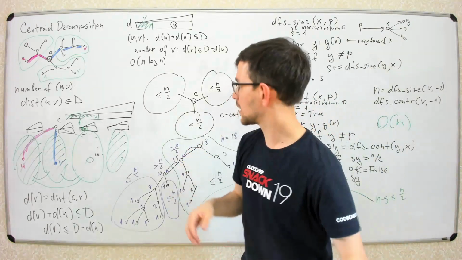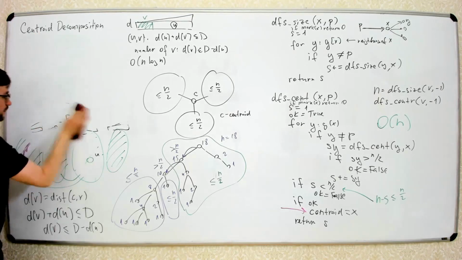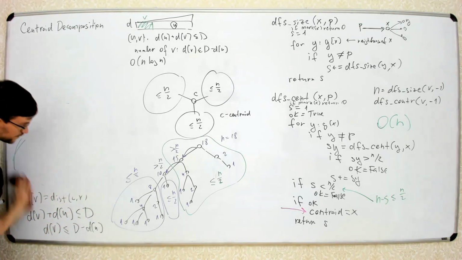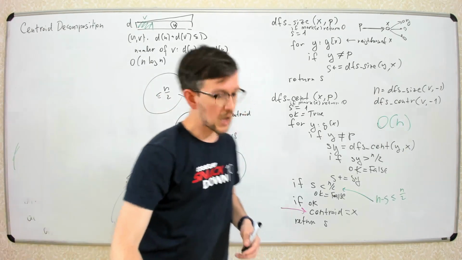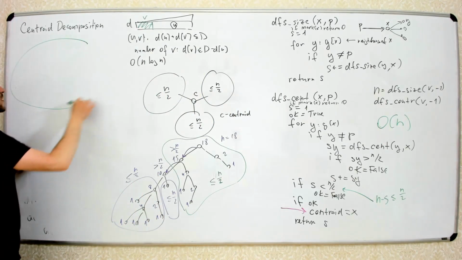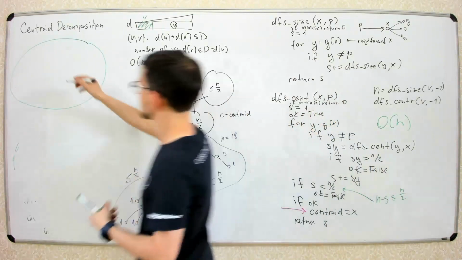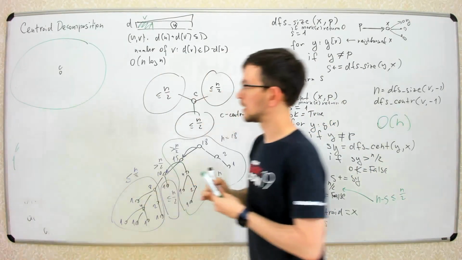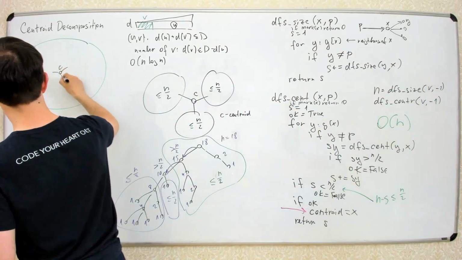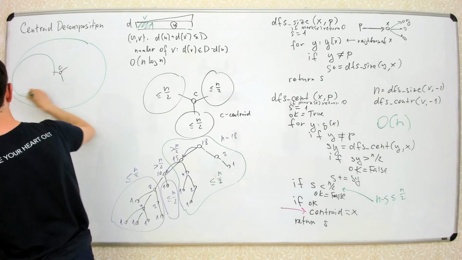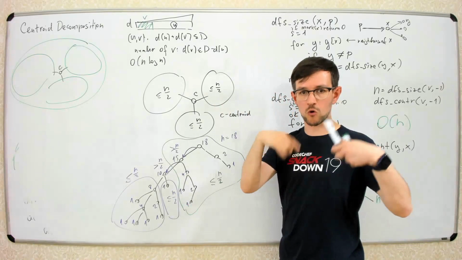So again, how this code works. I have this tree. That's my tree. First, I find the centroid in this tree. So I find this centroid. Now this tree will be split into several regions, these subtrees. Now, in each of these subtrees, I will call the same recursive procedure.